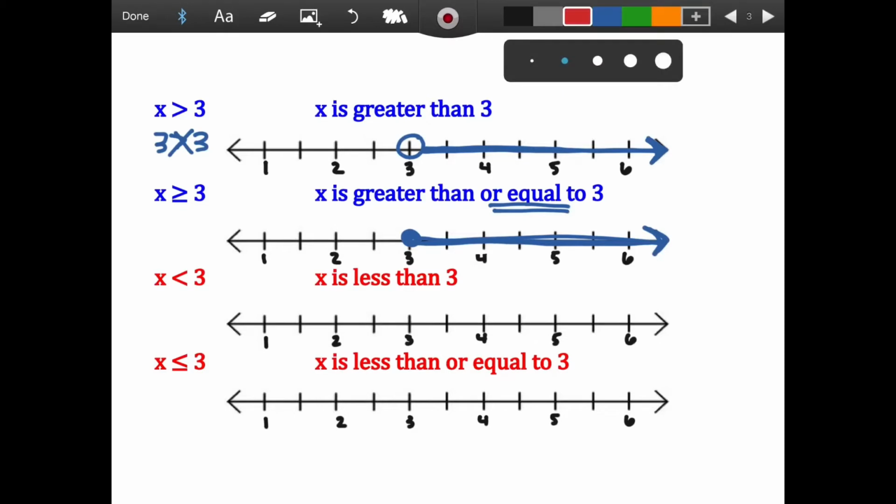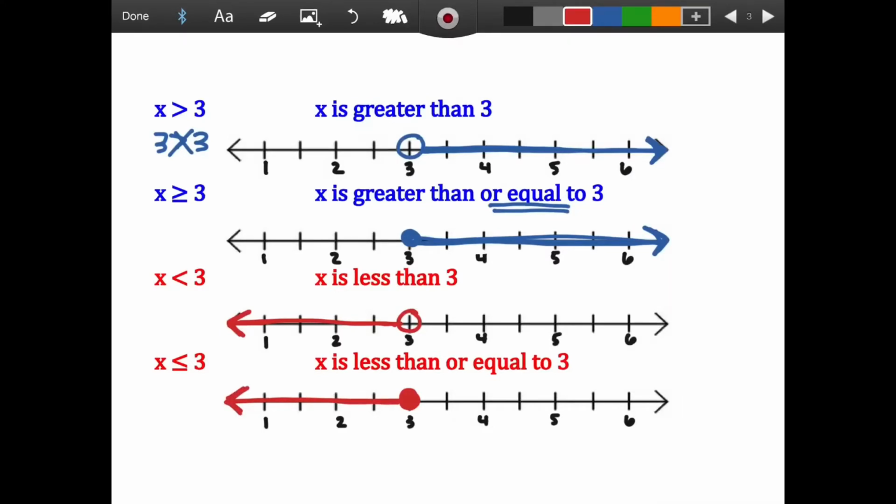For x is less than 3, because it is less than, 3 is not included in our solution, so we have an open circle, and we're shading everything to the left all the way to negative infinity. And x is less than or equal to 3: less than or equal to means we have a closed circle at 3, and we're shading everything to the left all the way to negative infinity.